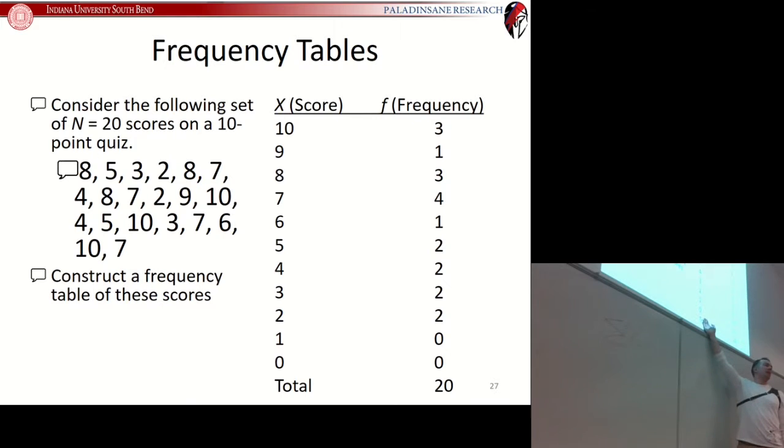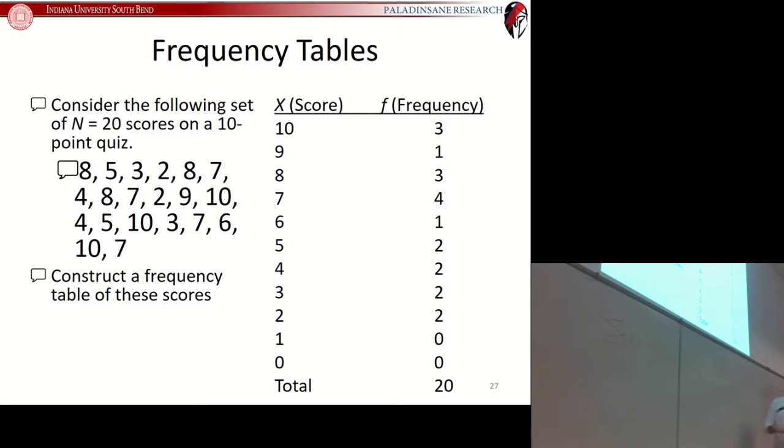But when you see a frequency table, like I said, this column here is there to trick you. Do not fall into the trap where you say, oh, it's the sum of the scores. Oh, wait, there's the scores. All right, here we go. 10 plus 9 plus 8 plus 7 plus, wrong. That's not what it's asking.